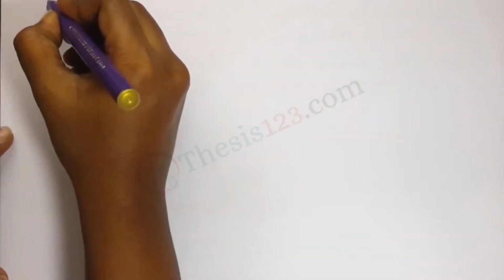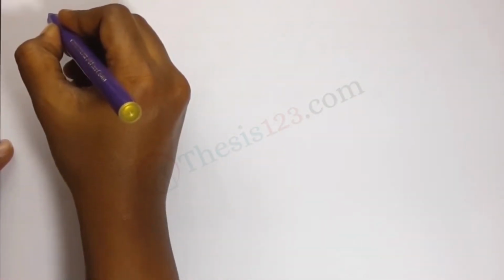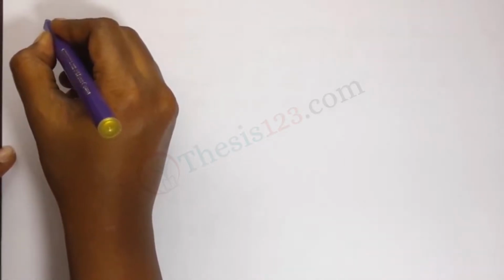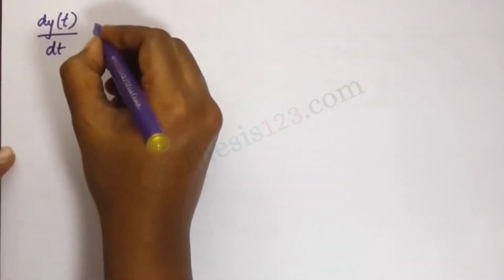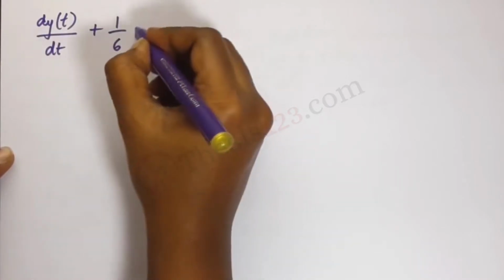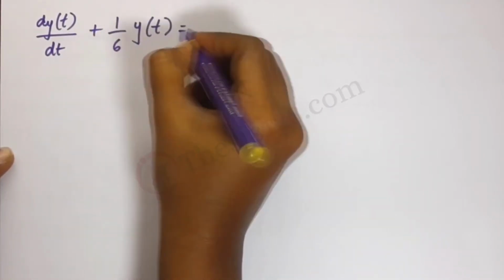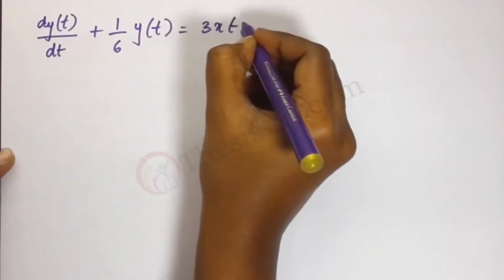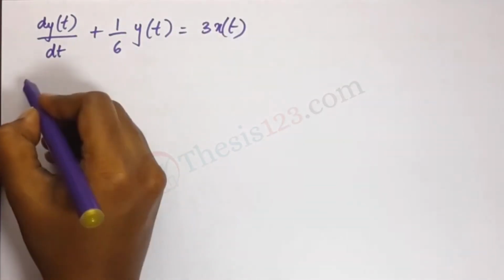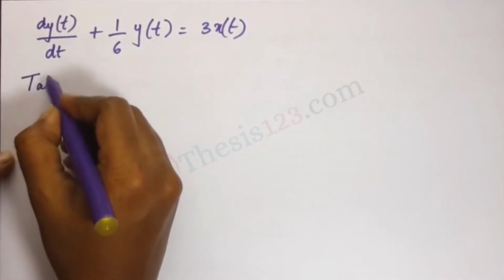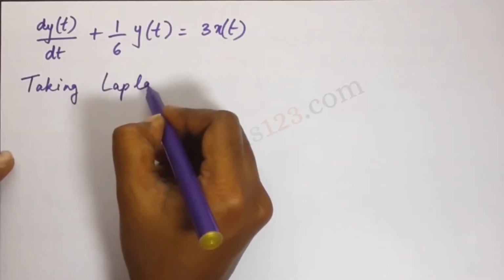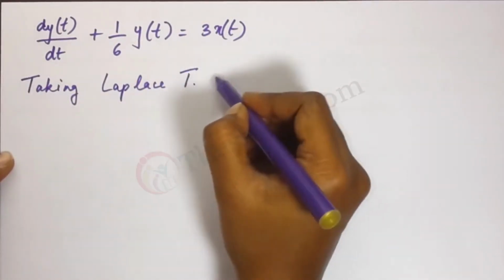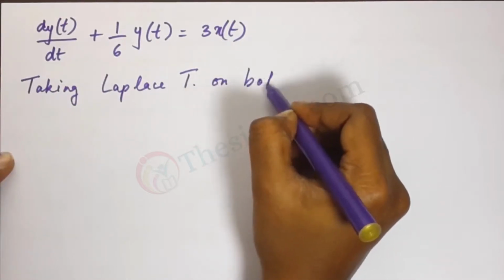Alright, so we have our equation. Let's start with the equation given to us: dy(t)/dt + (1/6) y(t) = 3x(t). So let's take Laplace transforms on both sides.